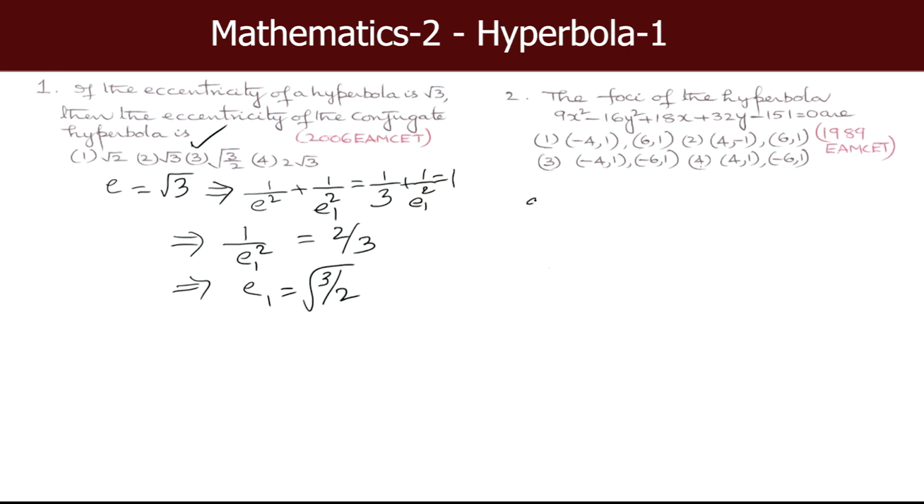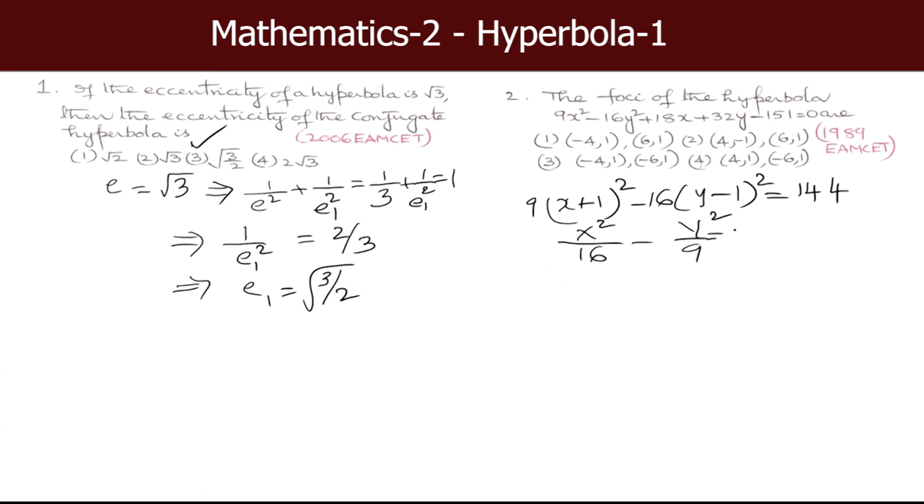So, 9 times (x plus 1) whole square minus 16 times (y minus 1) whole square equal to 144, or capital X square by 16 minus capital Y square by 9 equal to 1, with reference to (minus 1, 1) as origin. If you translate the axes to the point (minus 1, 1), which is the center of the hyperbola, this hyperbola is reduced to the standard form, x square by 16 minus y square by 9 equal to 1.